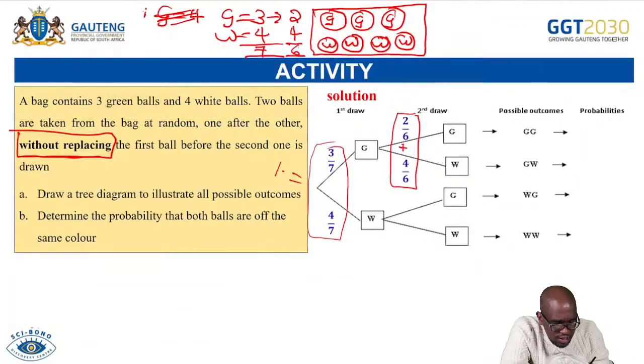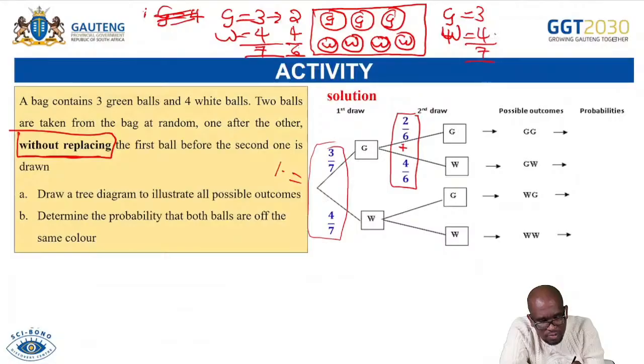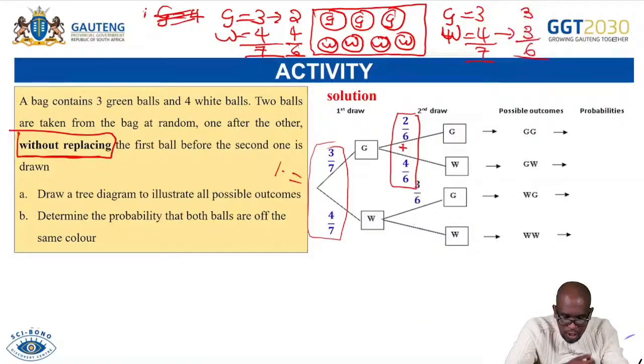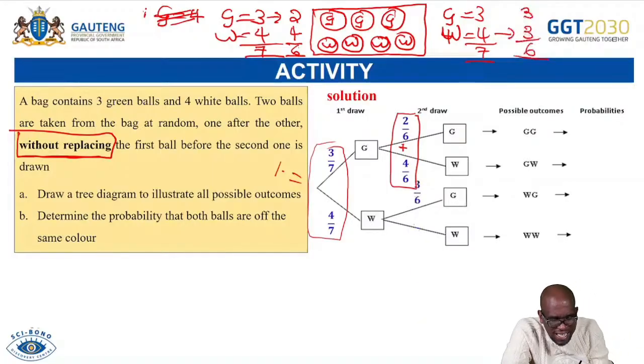Remember, originally you have 3 green, 4 white, which is 7. If the first ball was white, it means the white balls are now 3, the green balls also 3, the total is 6. So the probability of the second ball being green will be 3 divided by 6.